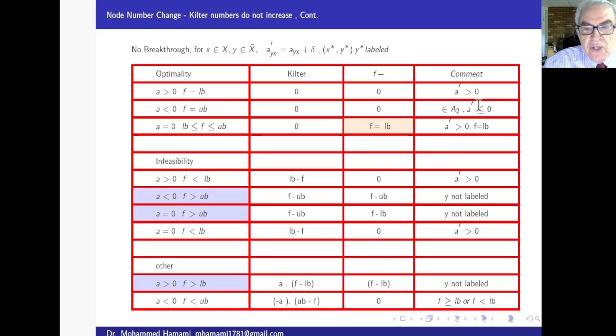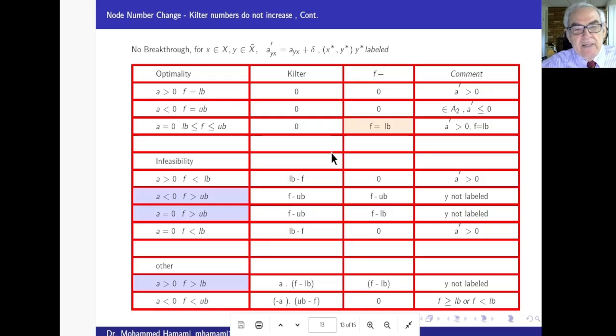Now in this case we have A bar negative, and F is equal to UB, which is greater or equal to LB, and therefore this arc belongs to A2, right? And everything is similar, and it's just like I said many times, it's a mirror image of the other one. I'm going to skip the details of this.